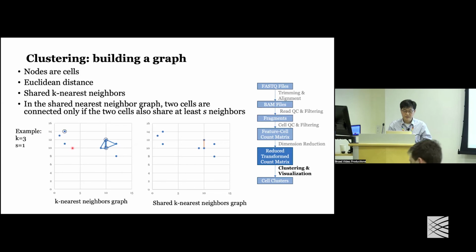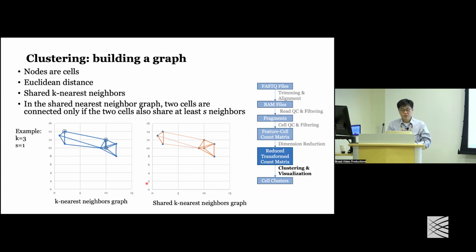The 3 nearest neighbors will be this, but these 2 cells don't share any neighbors, right? In this nearest graph, even if they are considered, they end up pruned out of this shared nearest neighbor graph. So we repeat this process, and this is what you get.